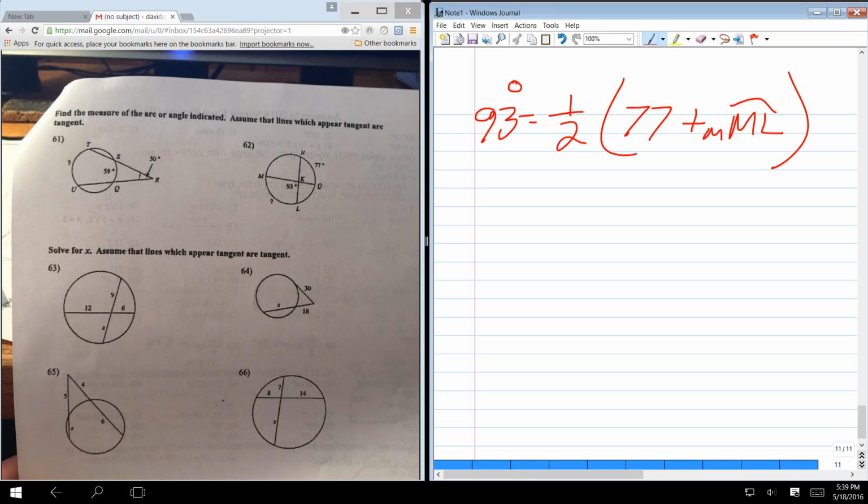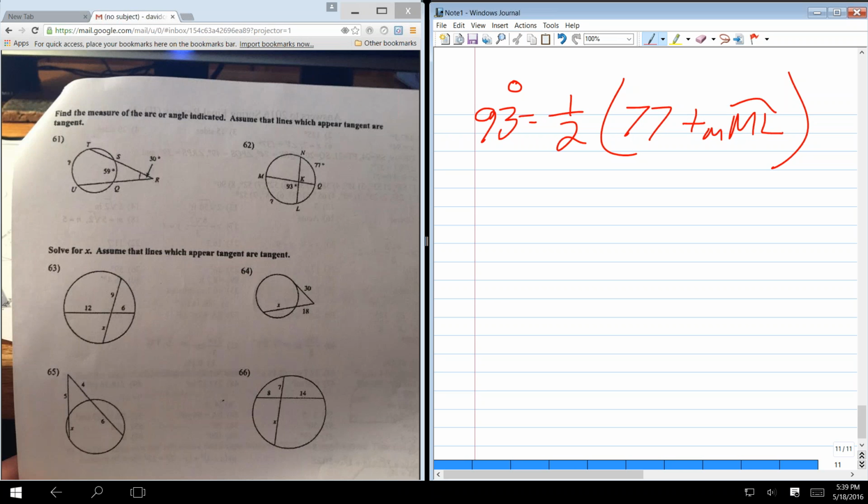Well, all of these circle problems, you're either solving for angles or measurements of arcs, or you're solving for segment lengths. For example, 63, we're not solving for any angles. Notice that 63 looks just like 62.